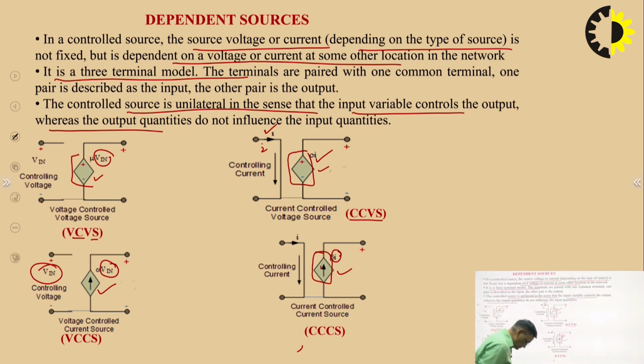So there are 4 types of dependent sources: voltage controlled voltage source, voltage controlled current source, current controlled voltage source, and current controlled current source. These are 3 terminal devices: input terminal, output terminal.